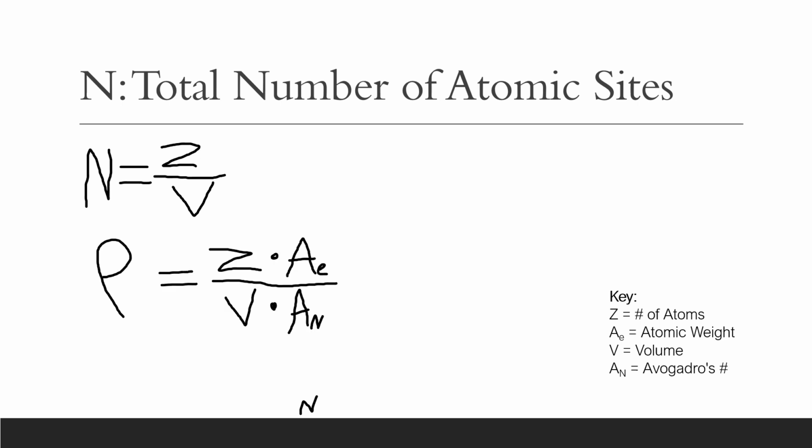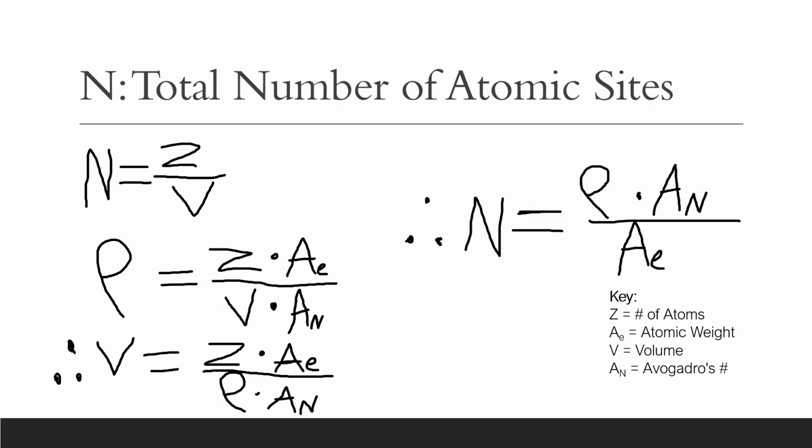This is rho equals Z times the atomic weight, which is A_e, over volume times Avogadro's number. So with this, we can rearrange to solve for V, then plug in the original N equation, and you get this: N equals rho times Avogadro's number over the atomic weight.